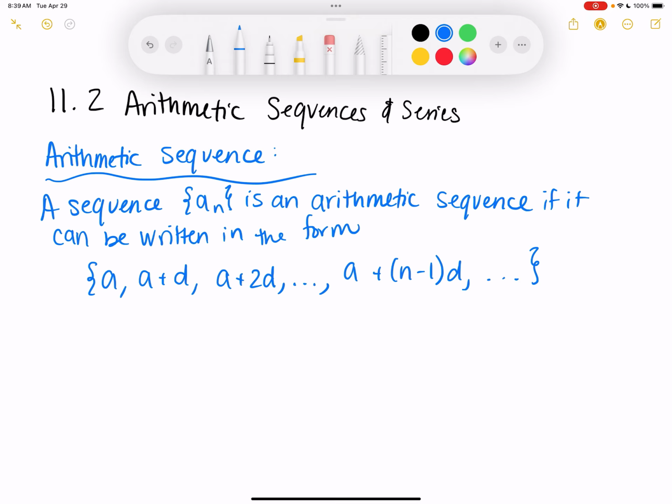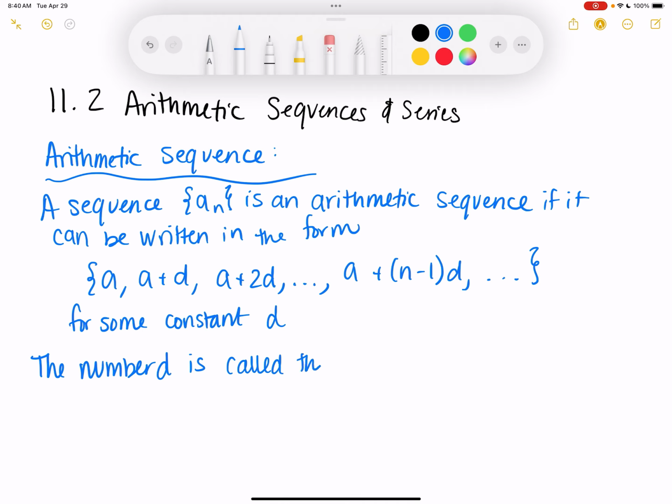As we would keep going, and this is for some constant D, which is just what we are adding to everything to get to that point. The number D is called the common difference.